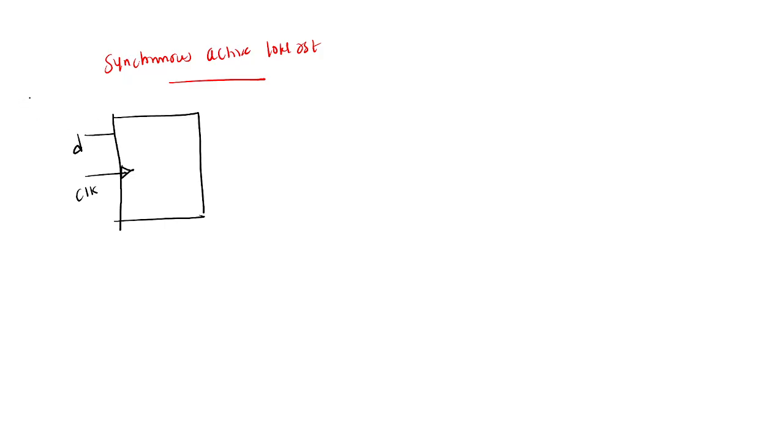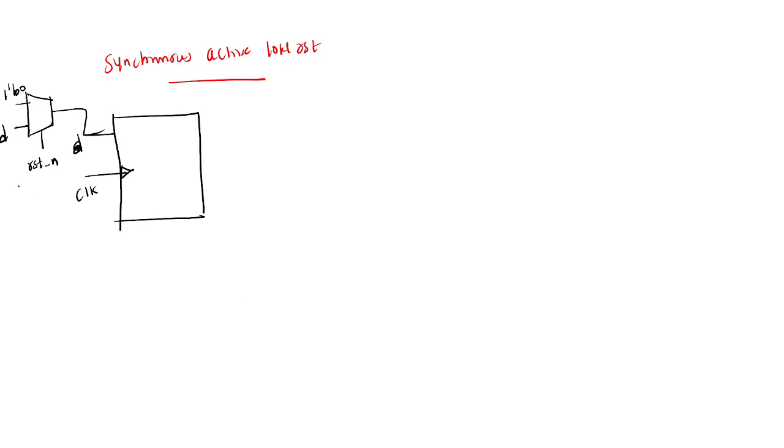Here you are connecting a 2 cross 1 mux, and you are giving reset underscore n. 1 tick binary 0 is given, and the output is given to the D input.